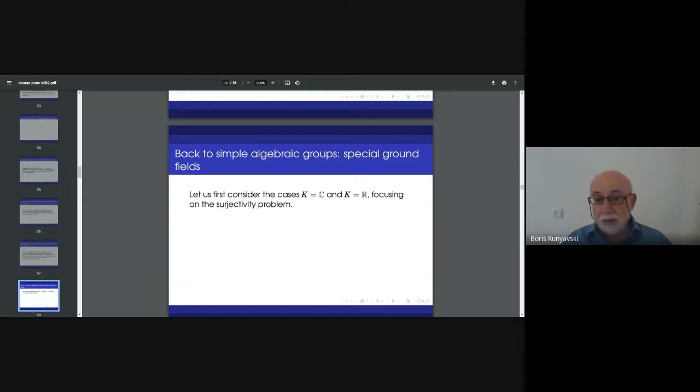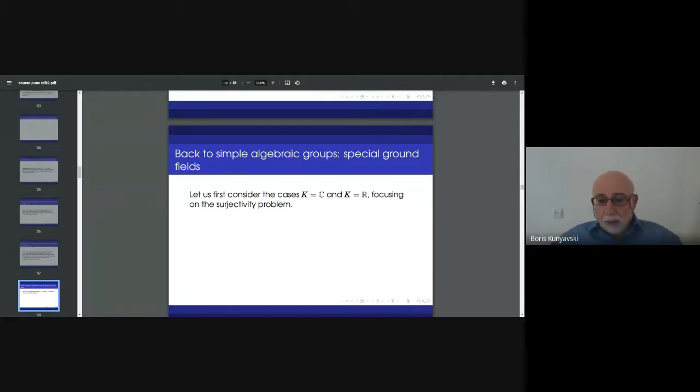In general, the situation is totally unknown for Kac-Moody Lie algebras and for other simple Lie algebras. So there are many interesting things to do in the infinite dimensional setup. But we are going back to simple algebraic groups.